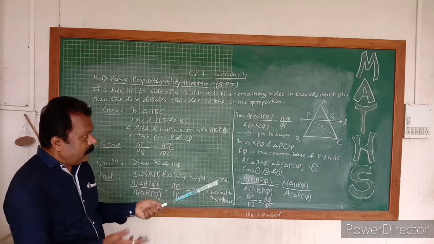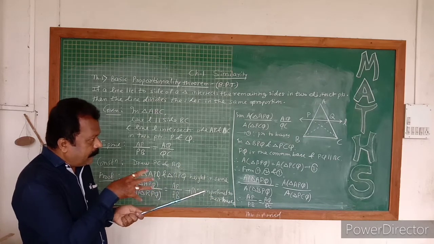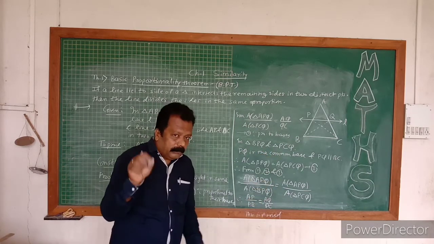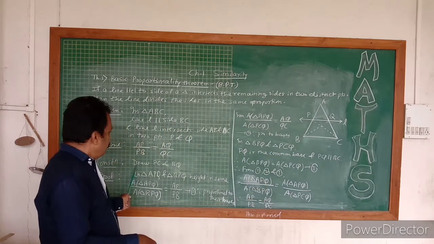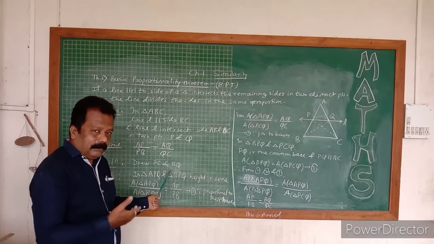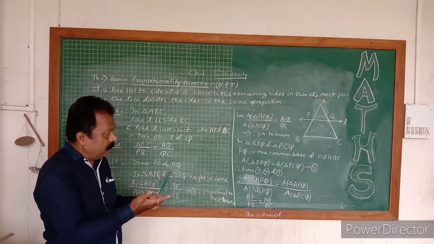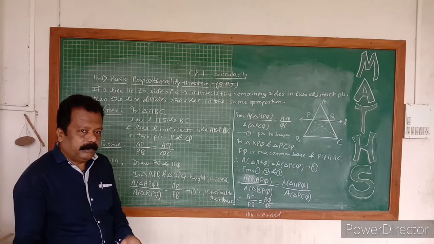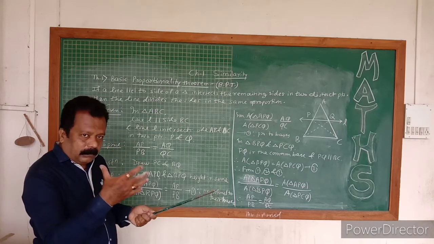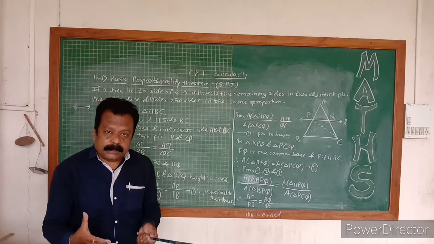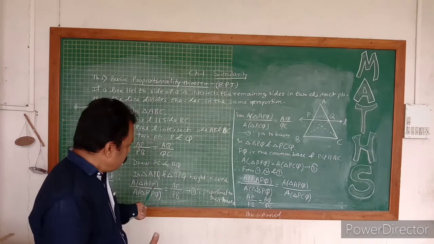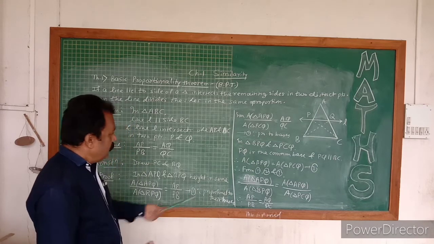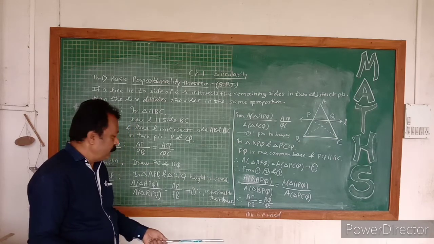Then you have to give the proof. If there is a necessity for any construction, then change the figure, do the construction, and write properly what you constructed, what you drew, what you joined. Then start to write the proof with reasons. A process of establishing logical reasons by using basic theorems, properties, and axioms is called proof. This is the definition of proof.